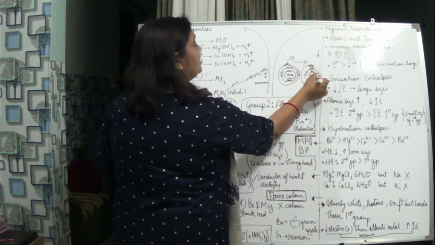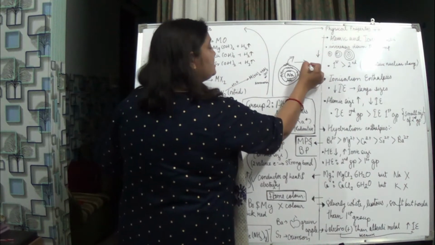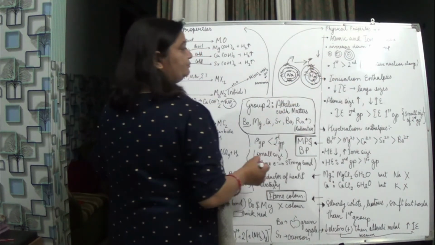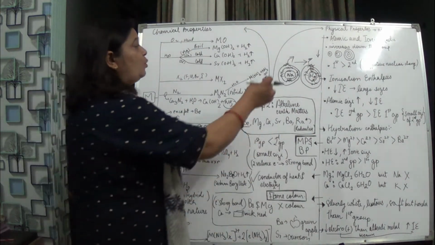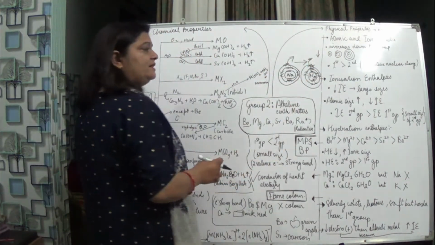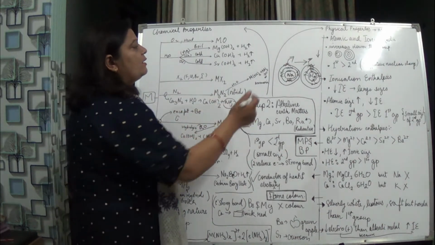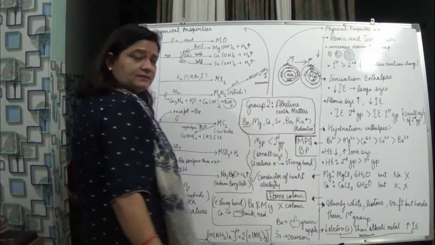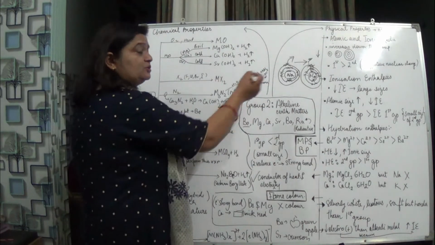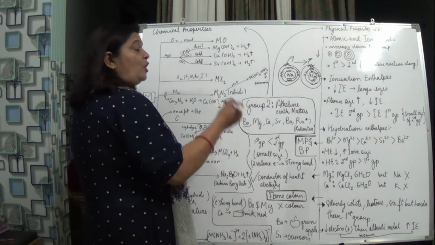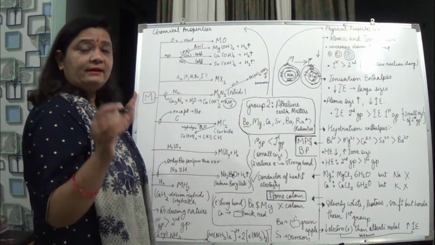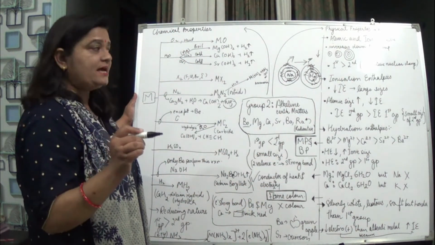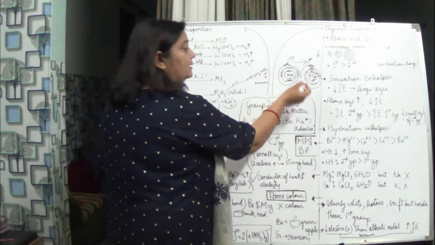But once the first one is removed, the second one becomes easy to remove, because only 1 electron is here, and this can be removed more easily rather than the 8 electrons present in this shell of sodium, isn't it? And so what we see, the first ionization enthalpy of alkali metals is less than that of alkaline earth metals.